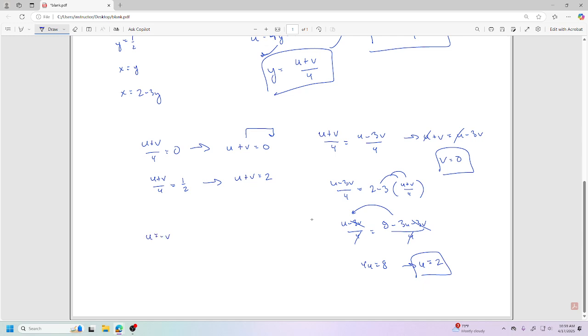So then basically I get u is equal to 0 and u is equal to 2, because like if I plugged in a 0. And then on the other side, I have v equals 0 and v equals negative 2. I think so. Am I wrong? Or is it negative somewhere else?